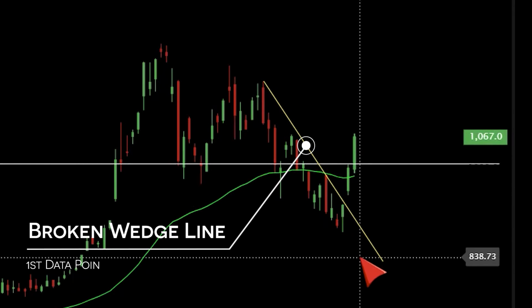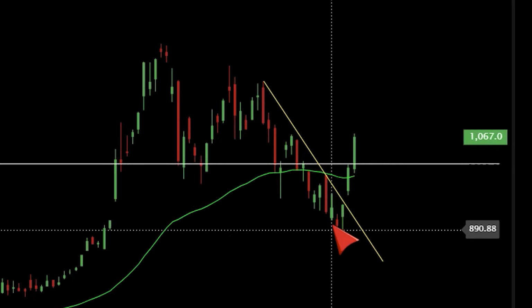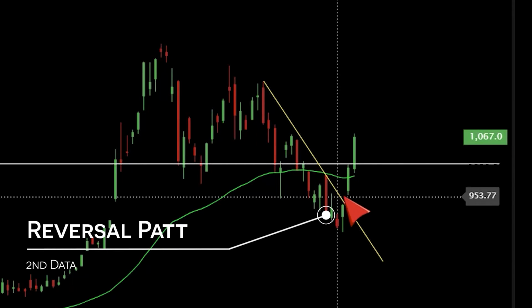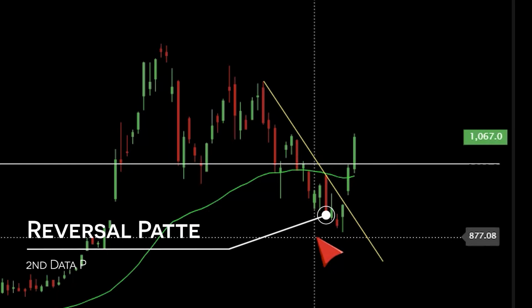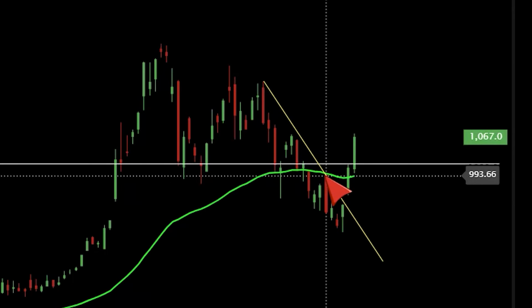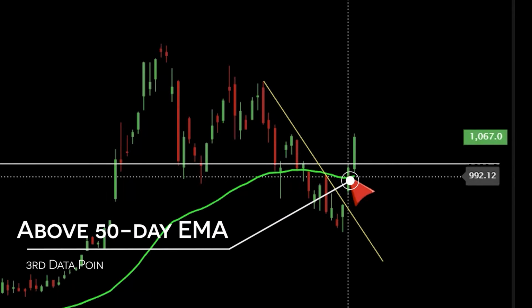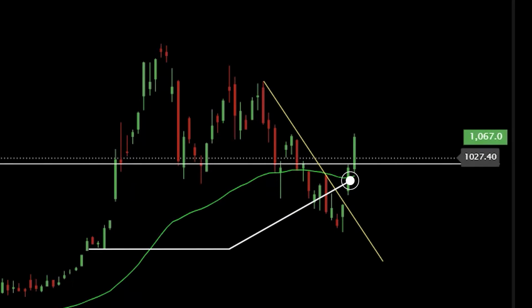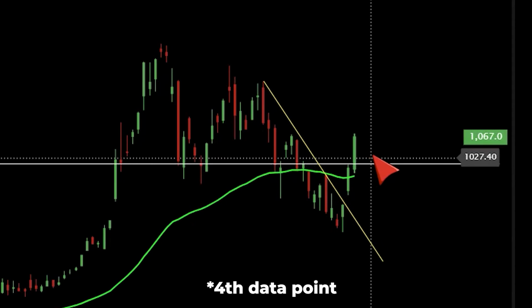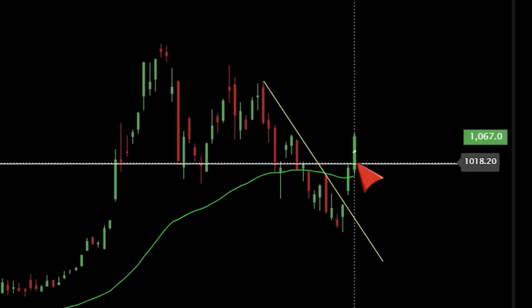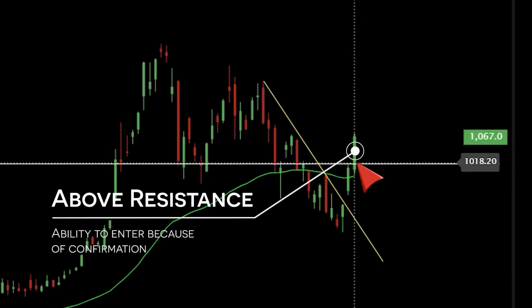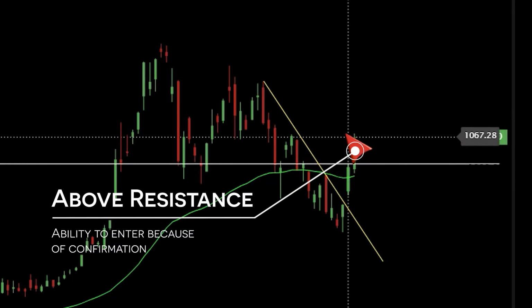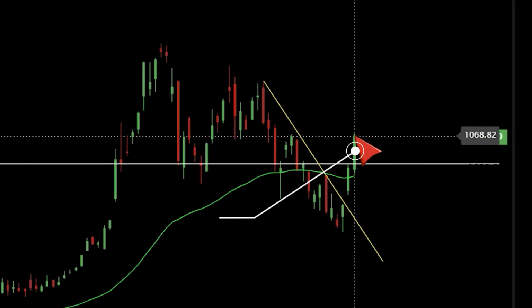You're breaking a wedge line, so now you have 1 data point. This is actually a reversal pattern right here, okay? So there's a second data point. Third data point is that we are now above the 50 EMA. Fifth data point is now you're above your neckline resistance, and you're over here, and this is telling you that you have the ability to enter because you confirmed.